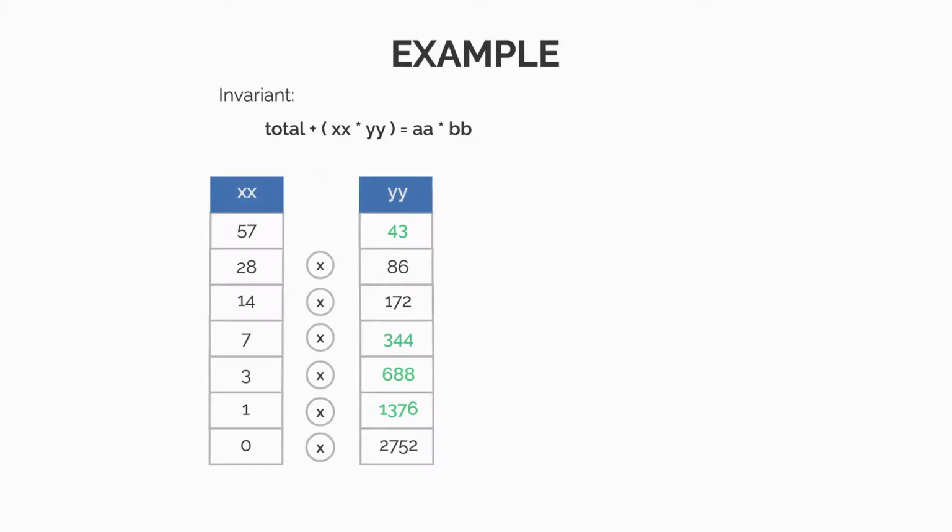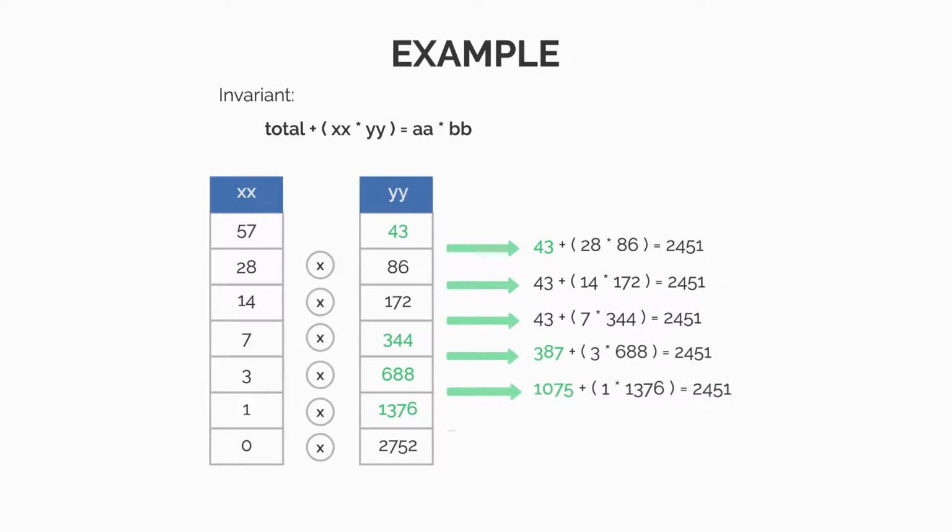For example, at the very first time we run through the body of the loop and we get 28 and 86, we have, for example, that 43 plus 14 times 172 equals 2,451. And this is actually true at every time we run through the body of the loop. You can actually pause the video now and check that all these expressions are actually true.